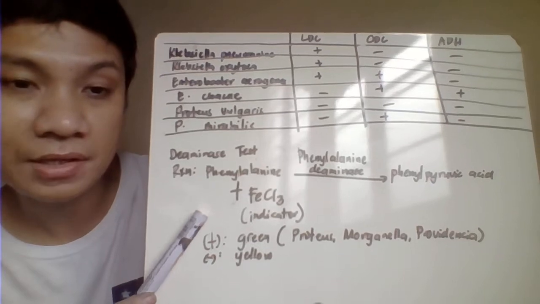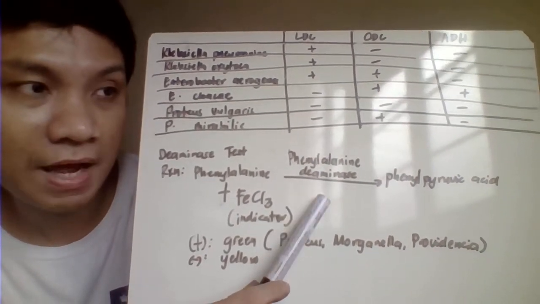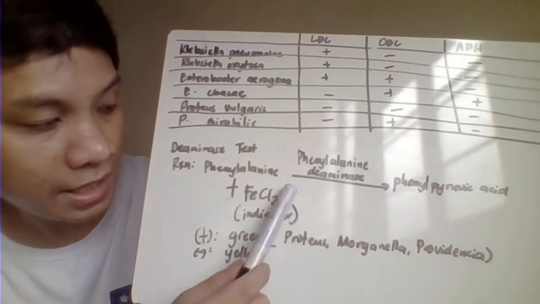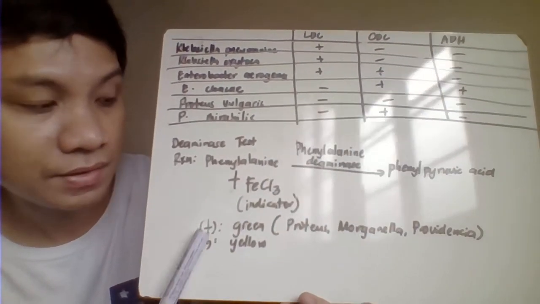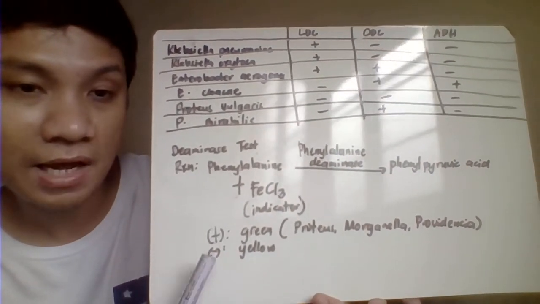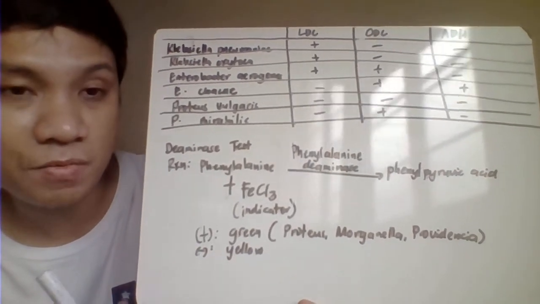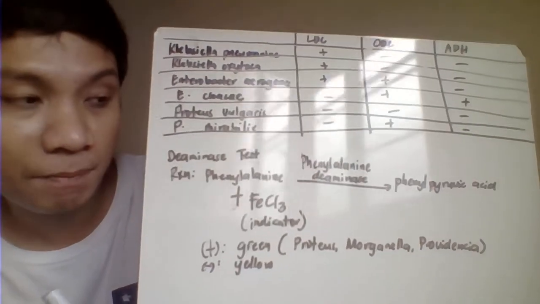If that organism contains the enzyme phenylalanine deaminase, it removes the amino group and it will be converted to phenylpyruvic acid. Indicator for that reaction is ferric chloride. Positive result is green. Negative is yellow color. Positive results here include the Proteus group, Morganella, and also Providencia.